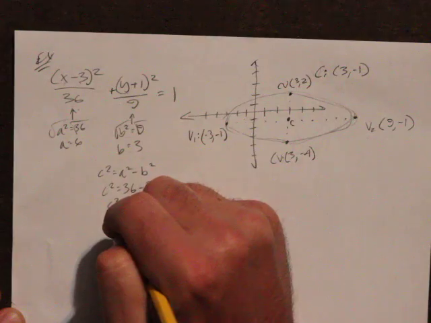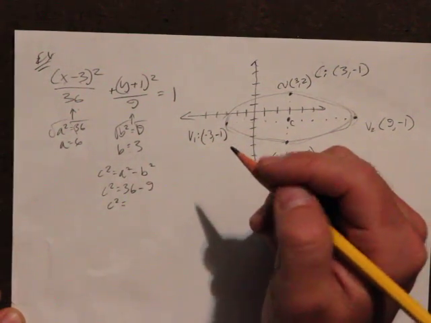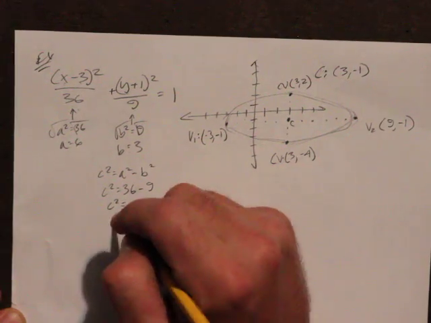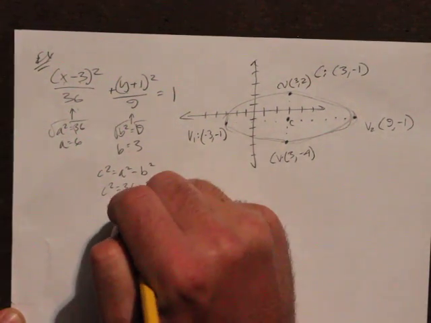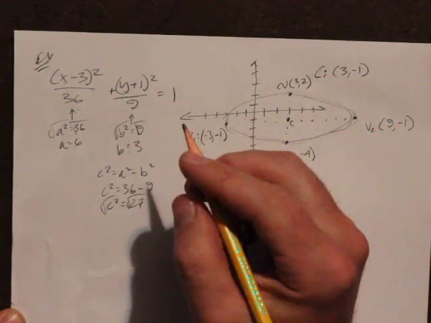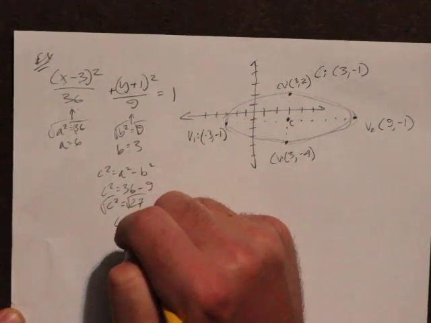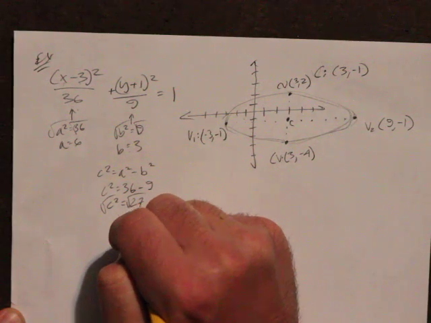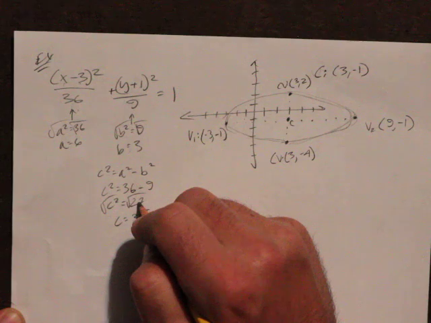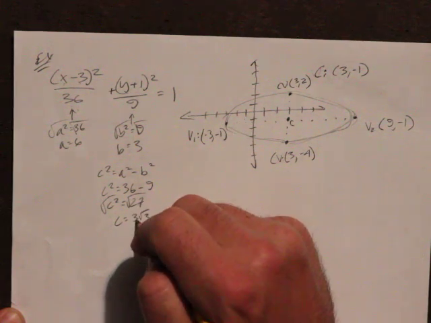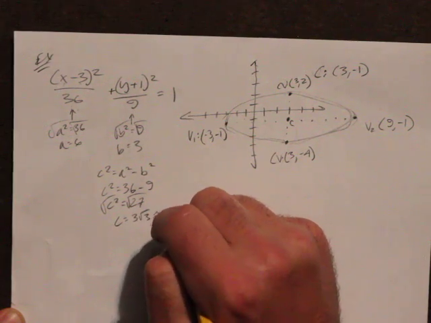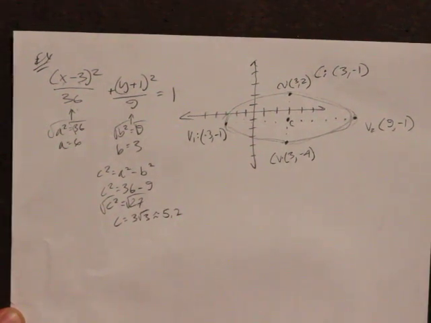So c squared equals 36 minus 9, it's not 25, it's 27, right? Take the square root of both of those. And so c equals 3 square root of 3, right? Because 9 times 3 is 27. Square root of 9 is 3. So 3 square root of 3, which is about 5.2 if we were to put that in our calculator.